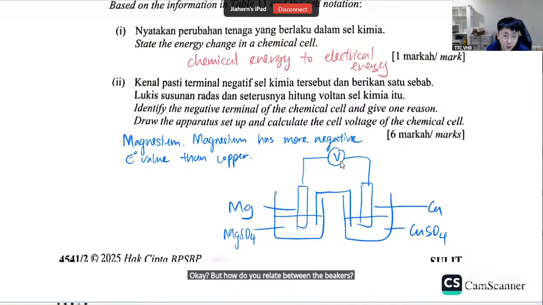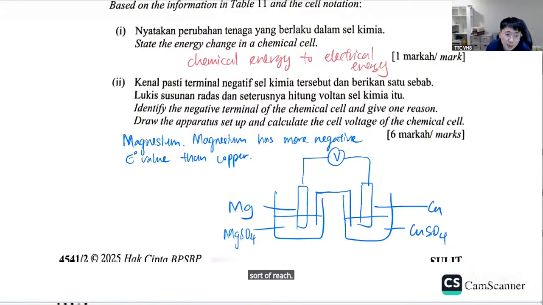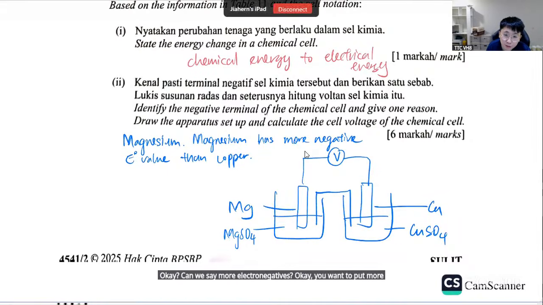A salt bridge. Okay, can we say more electronegative? Cannot, because whenever they give you table, you must use the inert value as an explanation. When they ask you for explanation, must use inert value. Unless the table not provided. If the table not provided, you can say more electronegative.